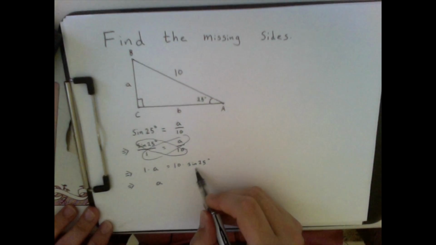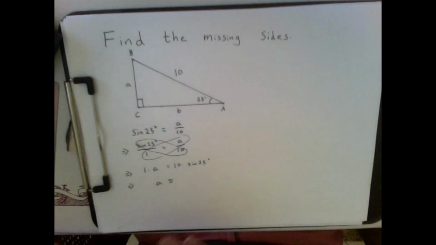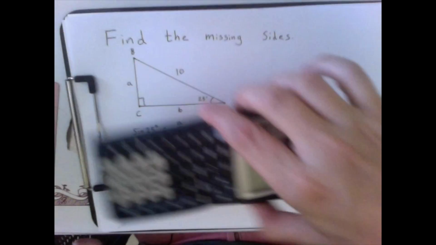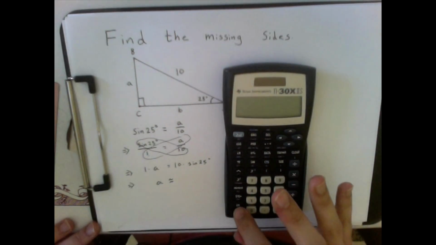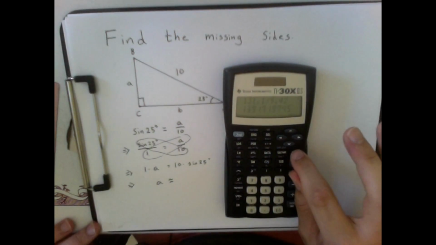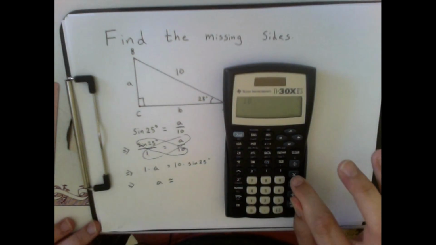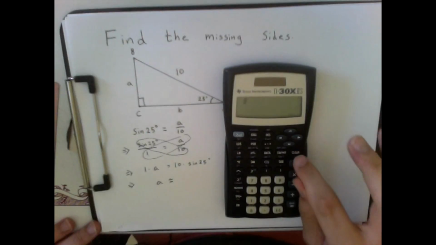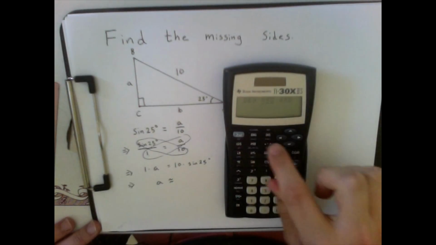And now for this, we're going to need to go into our calculator. Here is my calculator right here. And we're going to do 10 times sine. Oh, excuse me. We need to make sure this is in degree mode.